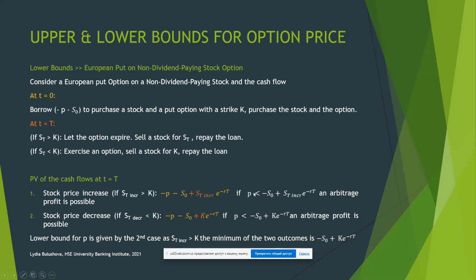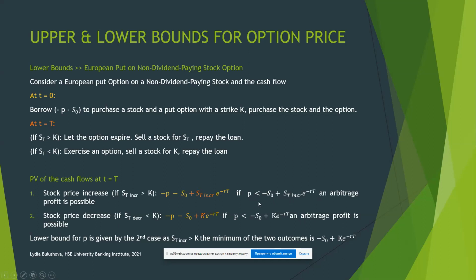So some market players purchase a put option, some market players borrow, purchase a stock, wait till expiry, sell the stock, repay the loan, and get profits. This is an arbitrage because, in fact, the put option implies the same operations, but if it costs less money, if it brings less money, then this is an arbitrage opportunity.